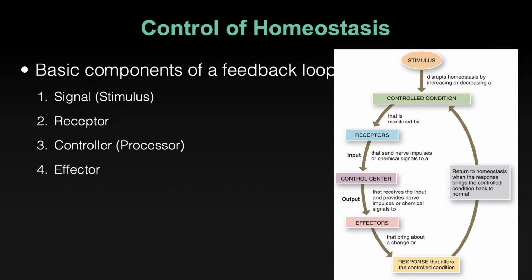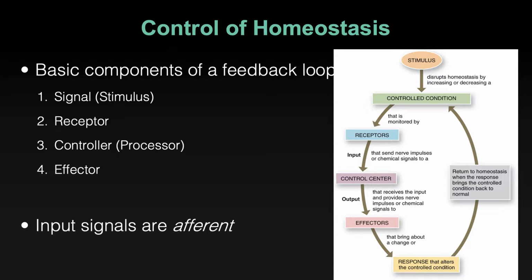Something senses that signal, the receptor. The receptor gives information to the controller that compares what's going on to what should go on. And then if those are different, the effector will bring about a change. We'll return something to normal, we'll change something to keep us within that narrow ideal range.